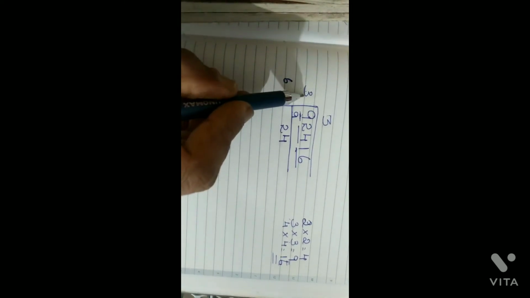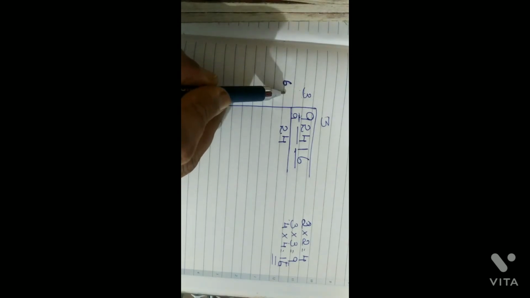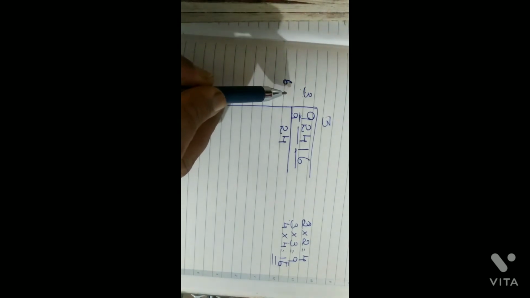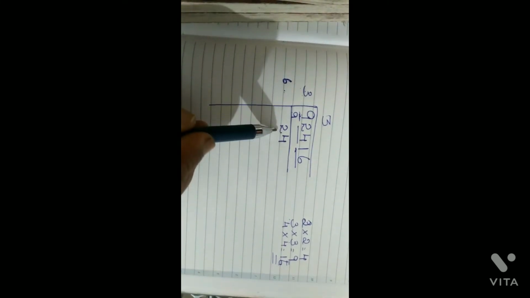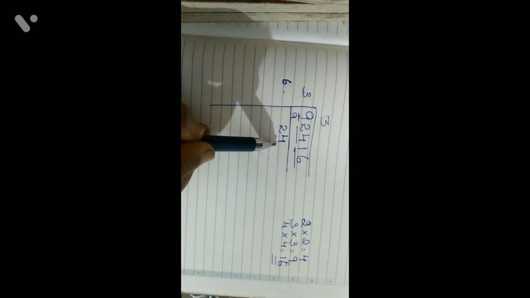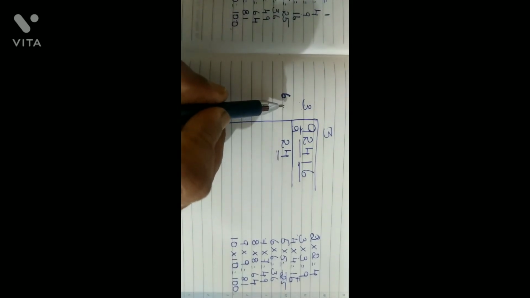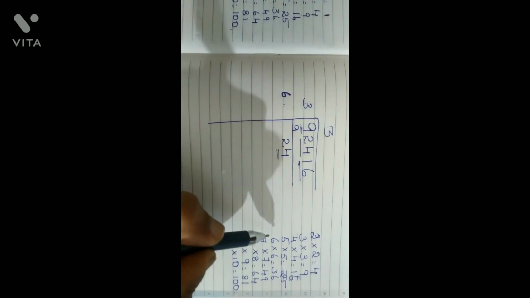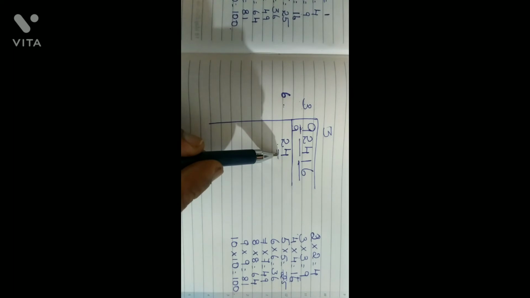After doubling this number, now we need to get a one digit number here, which is a square and which is near to this number.